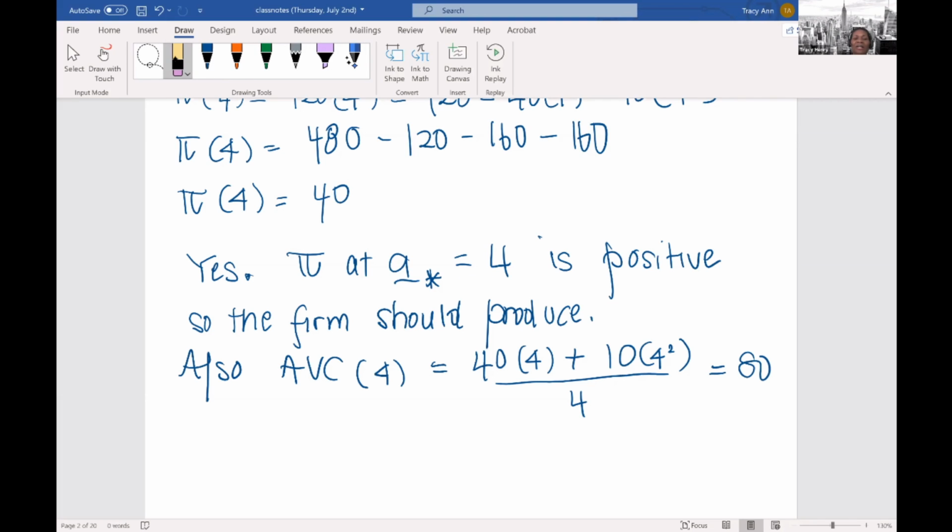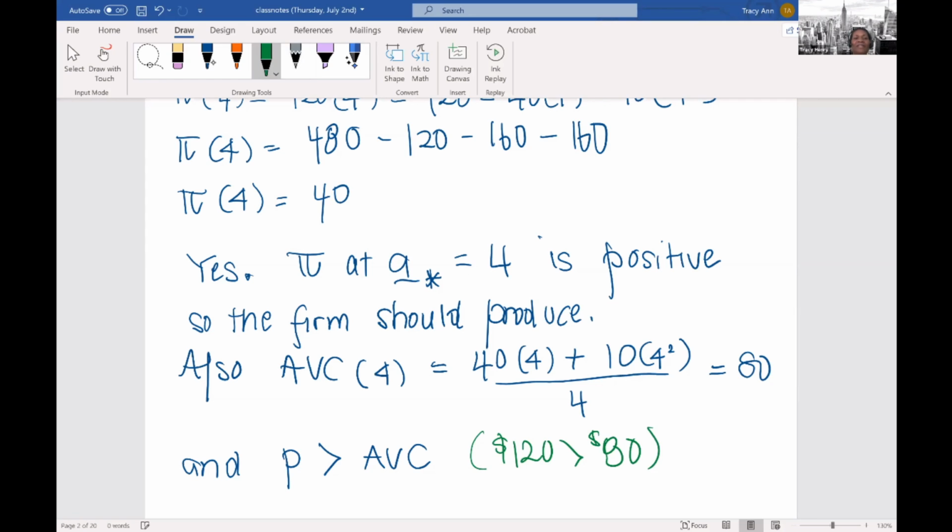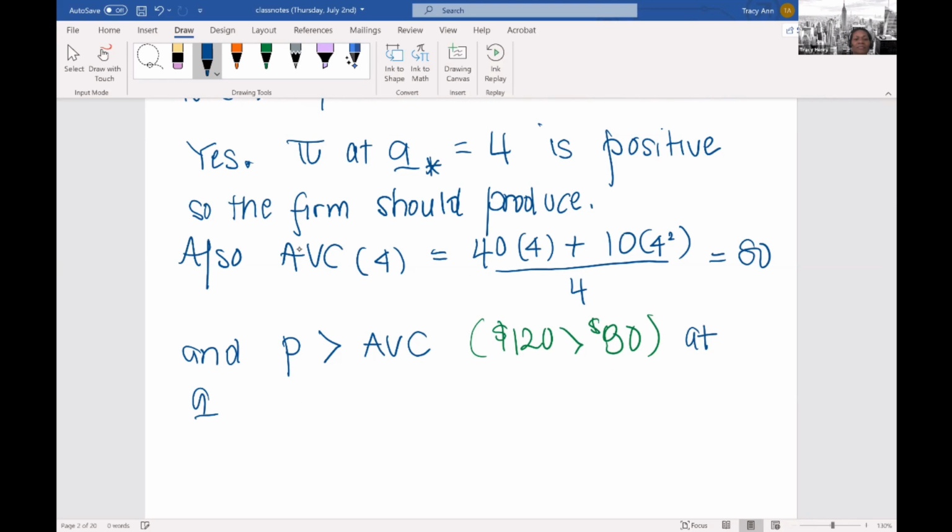So average variable cost at Q equals 4 is equal to 80, and your price is greater than your average variable cost at Q equals 4. So yes, the firm should go ahead and produce at Q equals 4.